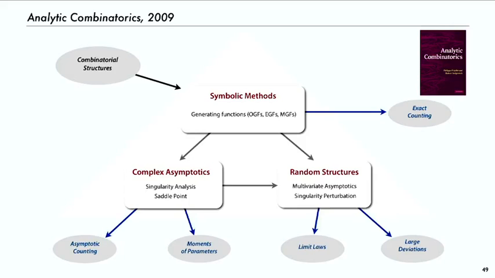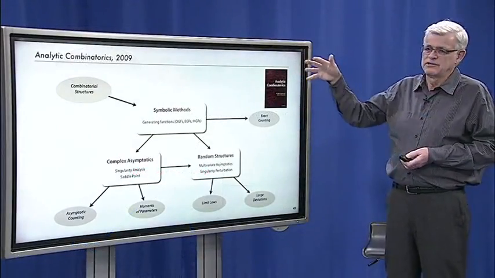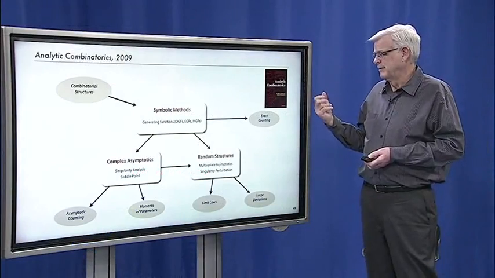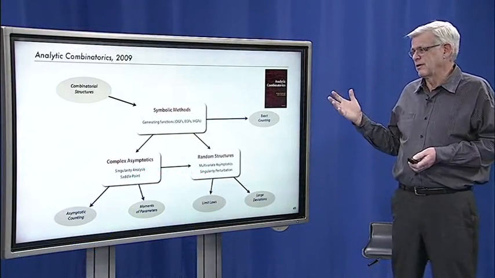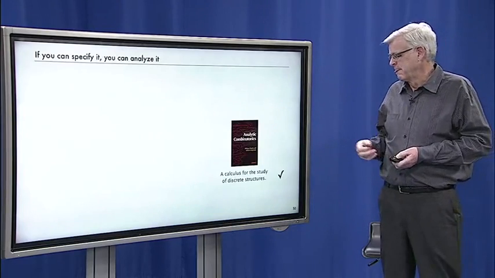From those symbolic methods, you can either go into complex asymptotics to get out the asymptotic counting results, as I've discussed, but you can also get out moments of parameters as well. And you can get properties of random structures and limit laws as well. So that's, again, in a short lecture, the best I can do to describe what analytic combinatorics is.